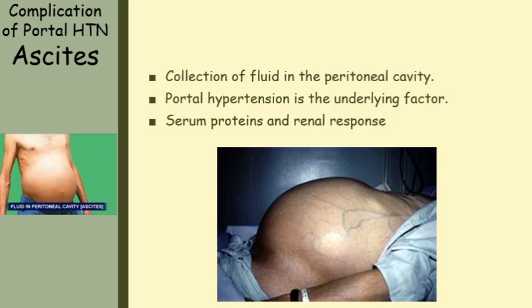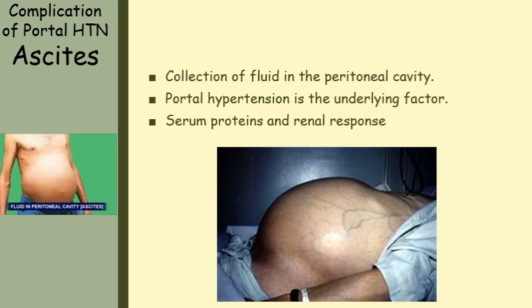Another complication that we have is the ascites that we've been talking about. As the portal hypertension increases, it forces the fluid out of the vasculature and into the abdominal cavity. We have vasodilation that happens, and it's going to end up reducing our blood volume, triggering our RAS, and releasing ADH, the antidiuretic hormone.